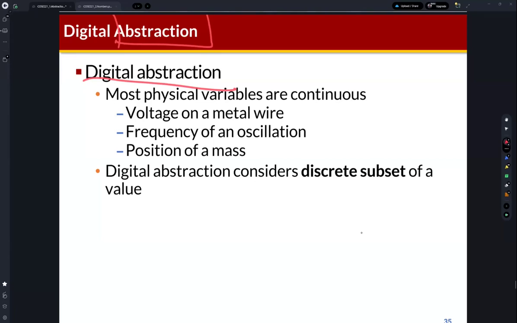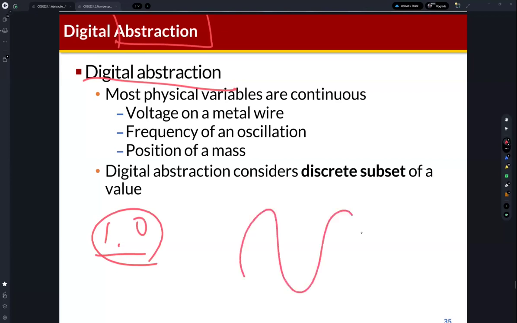But I said that the digital devices just handle digital signals, and the digital signals just have 1 and 0, but real analog signals are continuous.